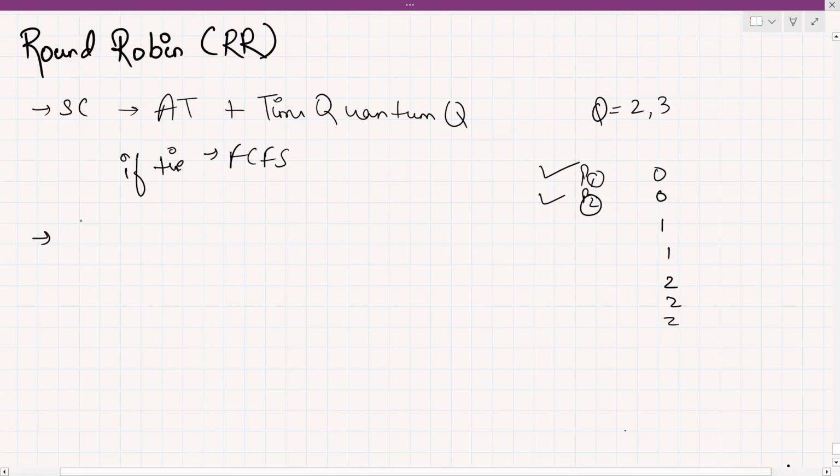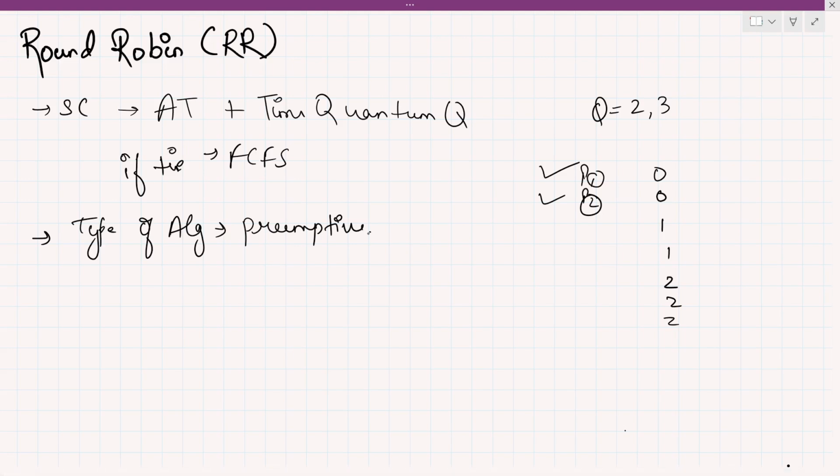Now the next thing is the type of the algorithm. Which type of algorithm is it? It is a preemptive type of algorithm. What is the meaning of preemptive? Preemptive means that whenever a process runs, the operating system has the power to snatch the CPU from the running process.